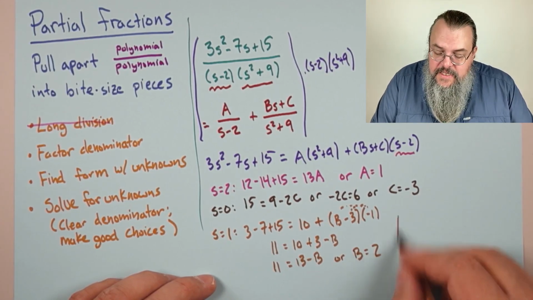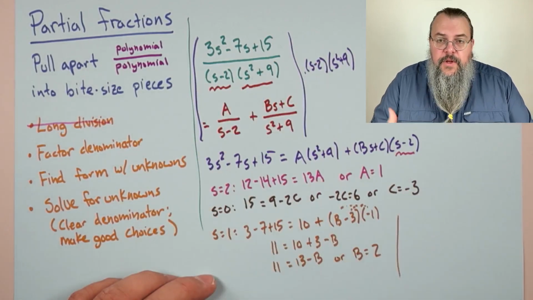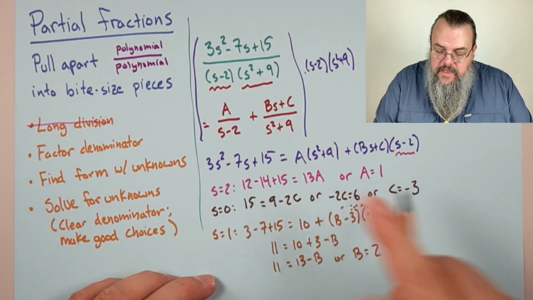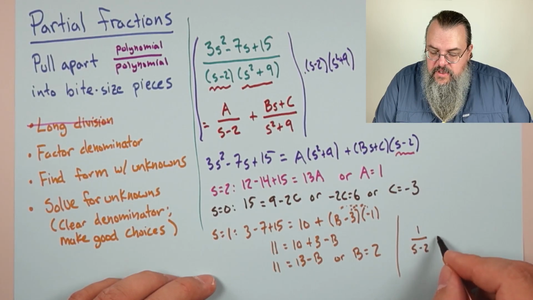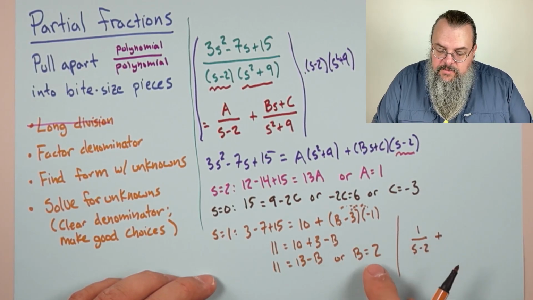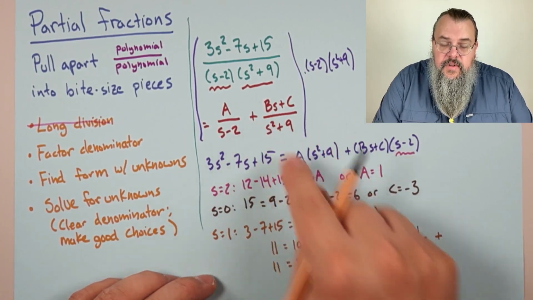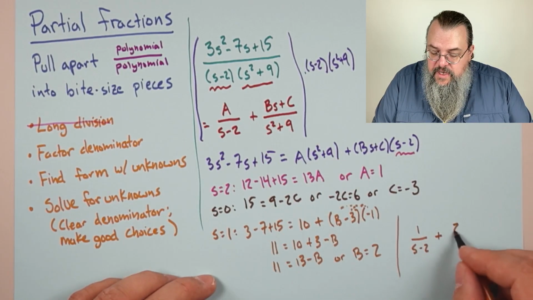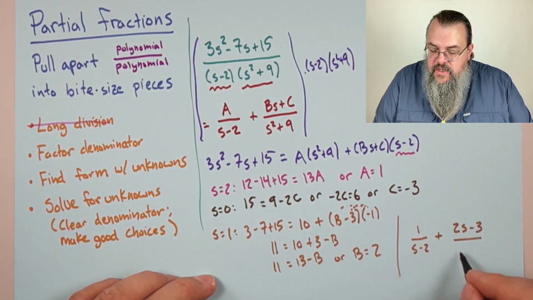So the punchline here is that our original polynomial over polynomial you can pull apart as a, which is 1 over s minus 2, plus b times s plus c, so b times s makes 2s plus c, minus 3, over s squared plus 9.